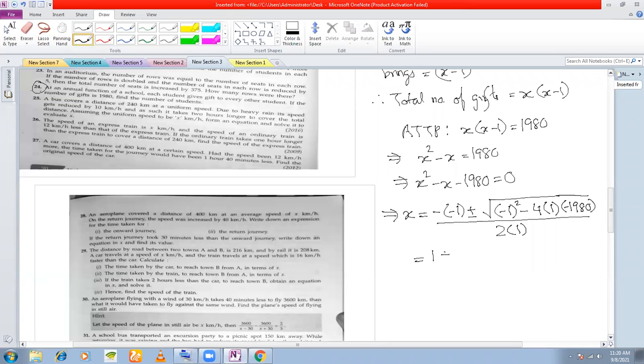which is equal to 1 plus or minus square root of 1 and minus combined to give you a plus, 1980 into 4 is 7920, divided by 2.